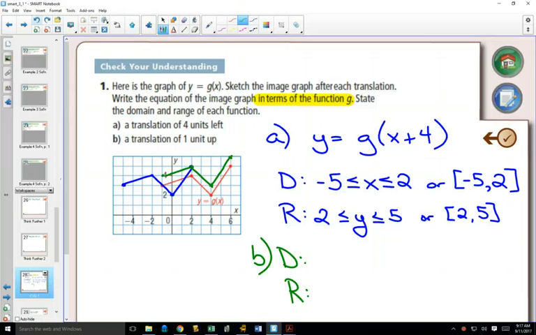What you're going to see me do is I will usually only do one type of notation, interval or set, but I'll mix it up from question to question so you get used to both of them. So in this one, for the domain, the smallest x value is -1. The largest x value is 6. The smallest y value is 3. And the largest y value is 6.